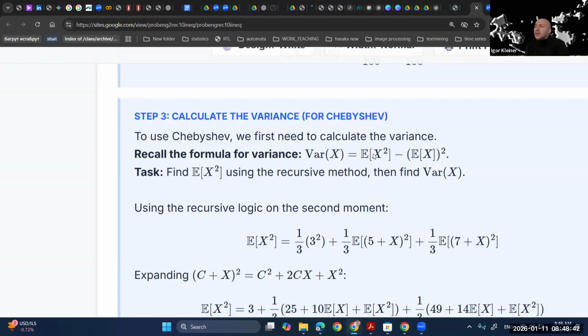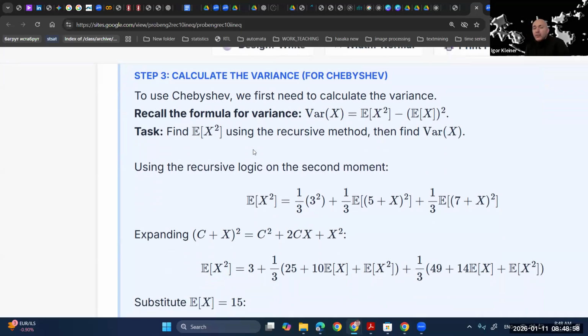If you remember, in the previous lesson we found the probability generating function of x. In general, we can use the probability generating function of x to find its variance. We have a formula.